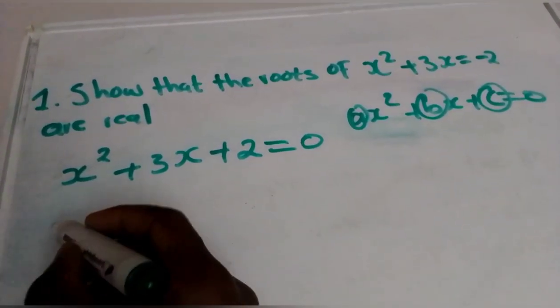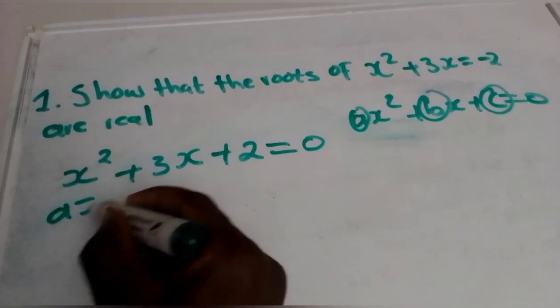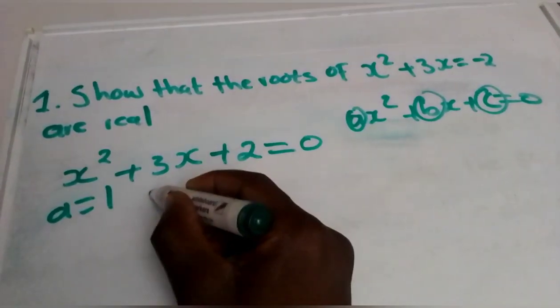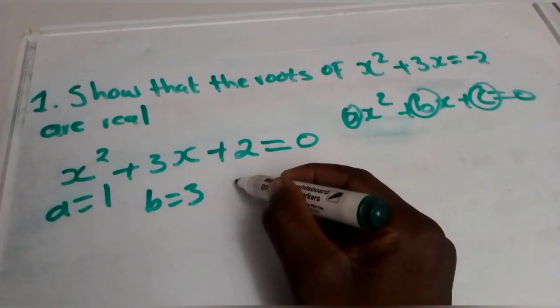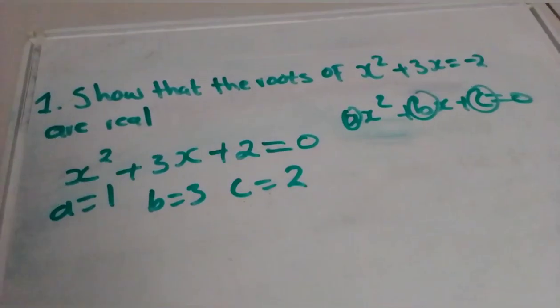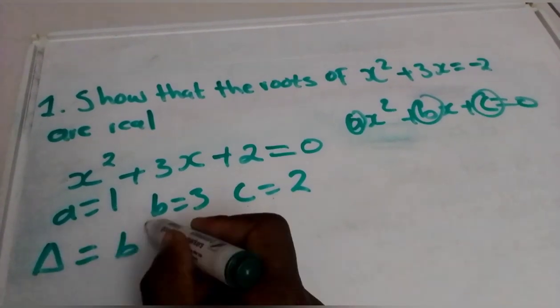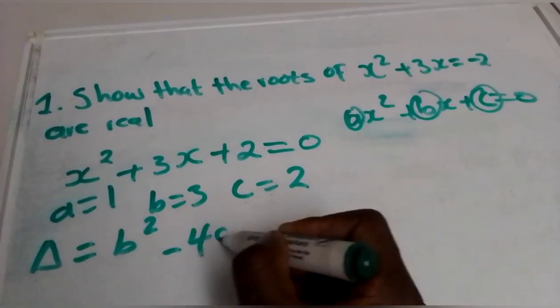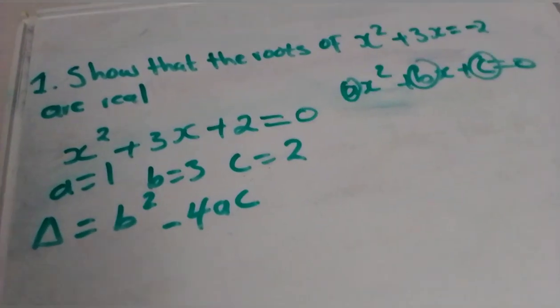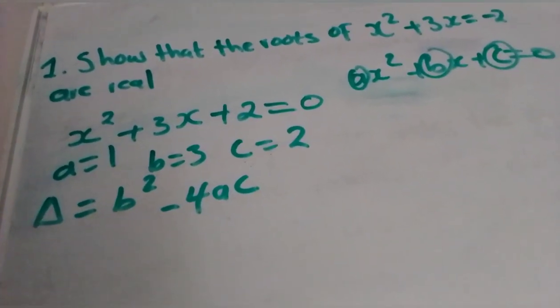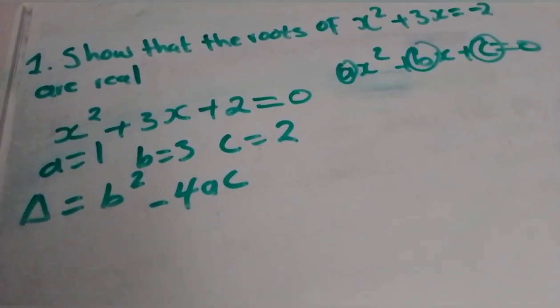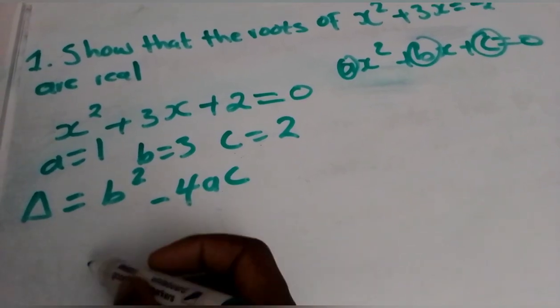The coefficient a is 1, b is positive 3, then c is 2. Now just write your formula: delta or discriminant equal to b squared minus 4ac. The only thing you need to do is substitute those coefficients into the formula.